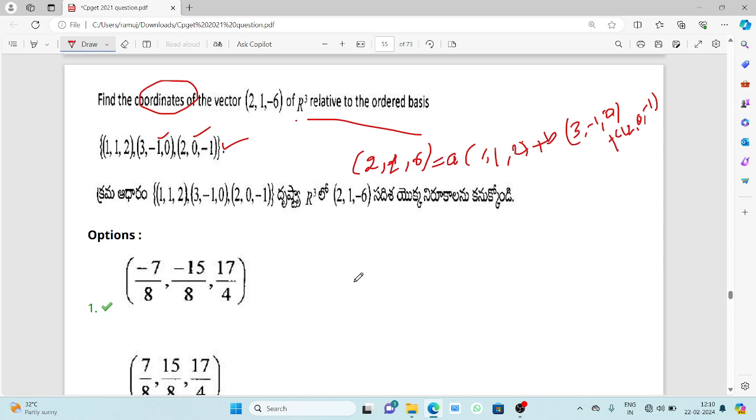From this we get three equations. He is directly asking for the values of A, B, C. These are the coordinate vector.